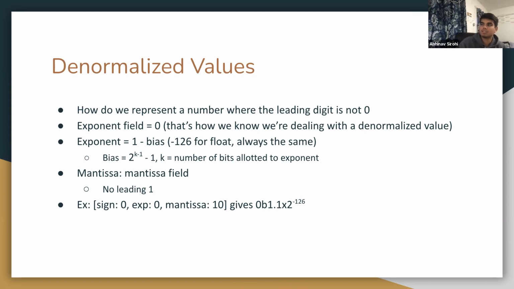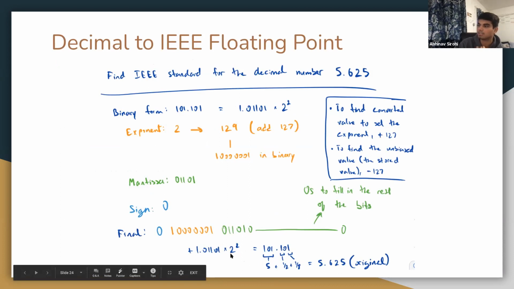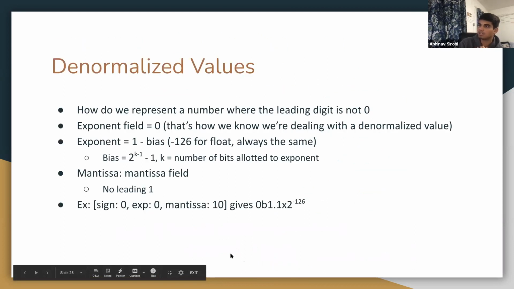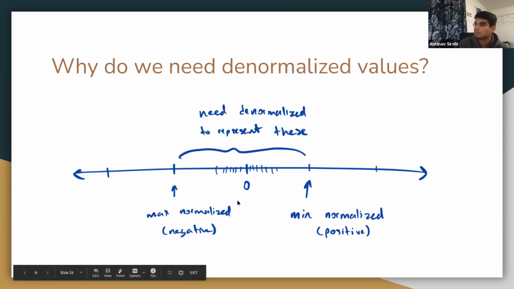And so if you understand denormalized values, it's the same procedure to get the normalized version, and this example applies to that as well. You just have to remember to not assume the leading 0 or the leading 1. So this is why we need denormalized values.